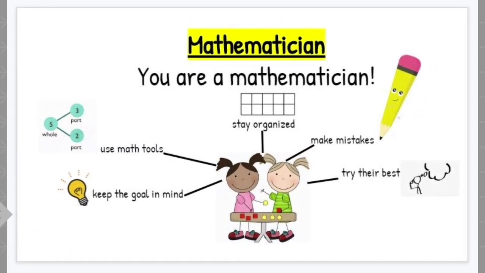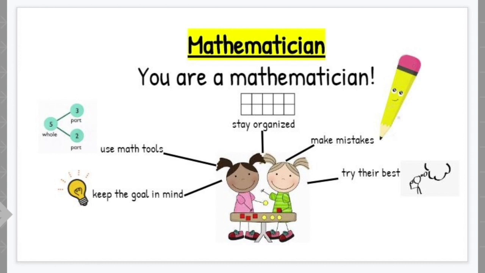No matter where your learner is, each and every one is a mathematician. So, kindergartners and firsties, let's review what a mathematician looks and sounds like. You are a good mathematician, and here are some of the things that I want you to focus on when you are working on your math skills. So, keep your goal in mind.